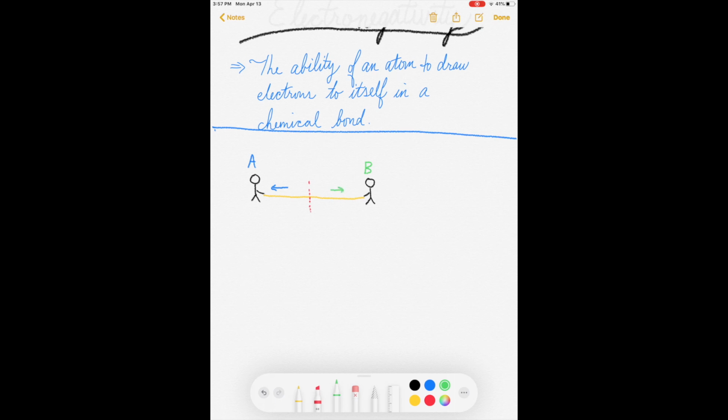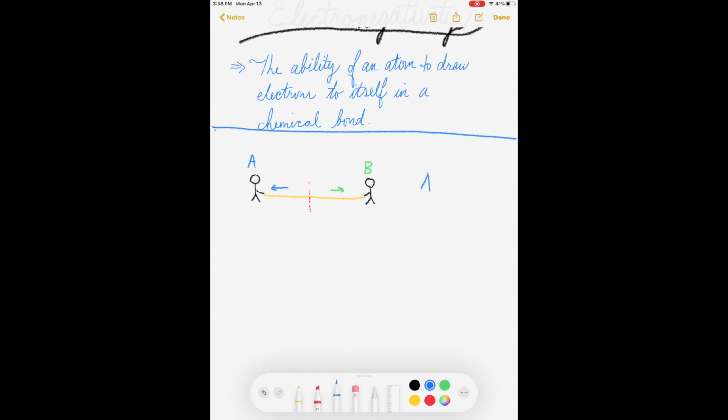So what's the arrow in blue or the arrow in green? That's what electronegativity is. It's the force of attraction. It's the ability or strength of these atoms to pull on the electrons that are tying the two atoms together, just like this tug of war is tying both person A and person B together.